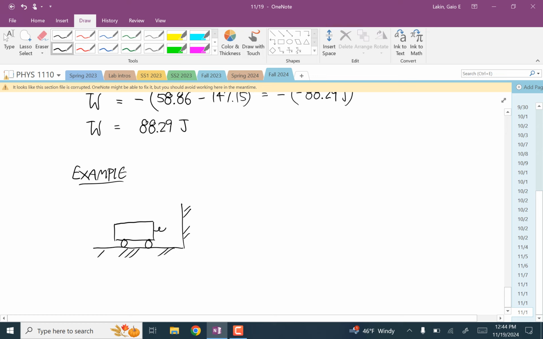And then it's connected to the wall by a spring. And let's say that this spring stiffness is equal to 250 newtons per meter. What that says is you'd have to apply a force of 250 newtons to stretch this spring 1 meter.